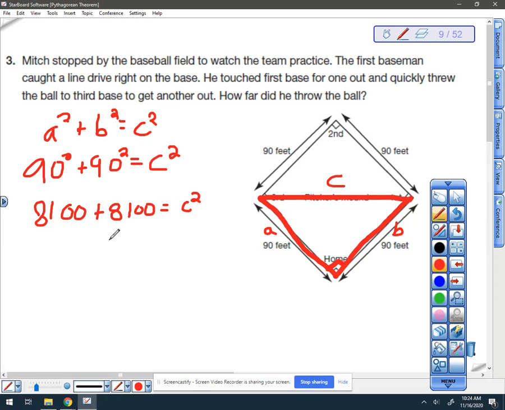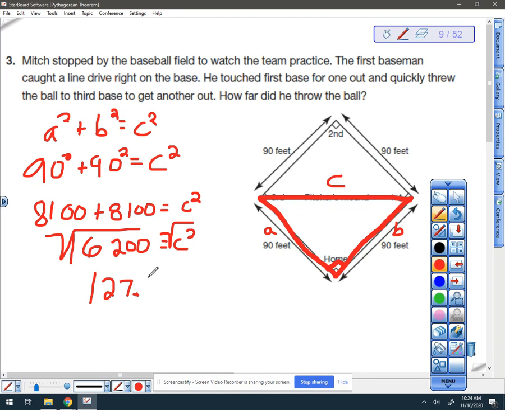All right, so if you've paused the video, which hopefully you did, then you add these two together, you get 16,200 equals C squared. Square root both sides, and the square root of 16,200 is 127.27.